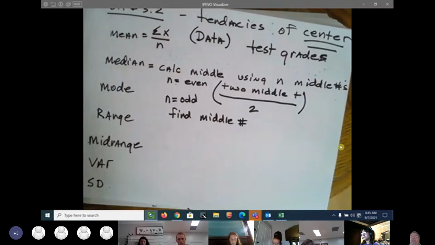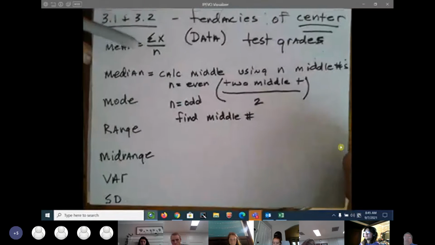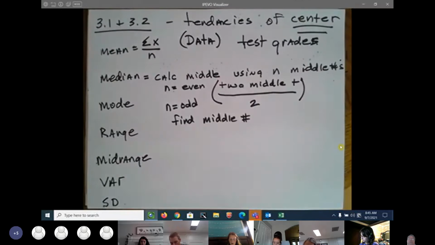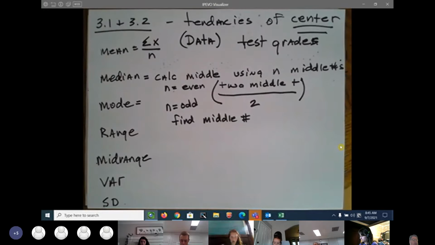So that means you got to have all these things in order. That means your data has to be in order before you do 3.1 and 3.2. They have to be in order. What does the mode represent? The number that shows up the what?